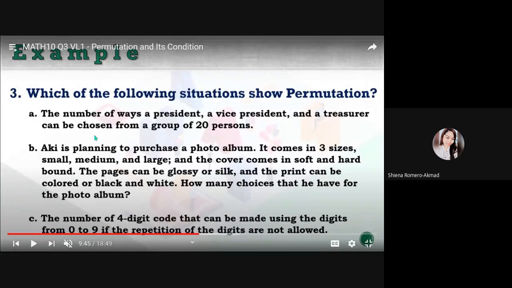Does it matter if you want to choose a president, a vice, and a treasurer? Yes or no? Yes, ma'am. Yes. Other answer.